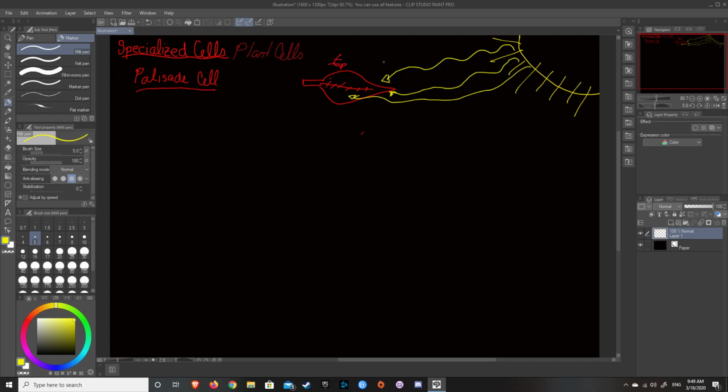So it always takes in CO2 and H2O, and it releases O2, oxygen, and glucose. So it takes in CO2 and H2O and releases oxygen and glucose.